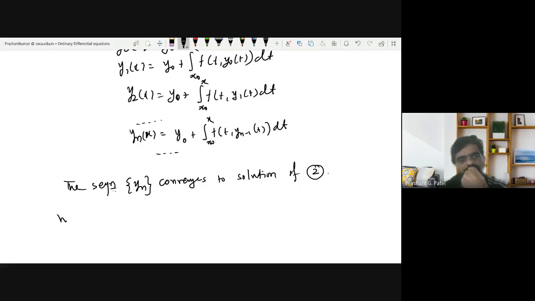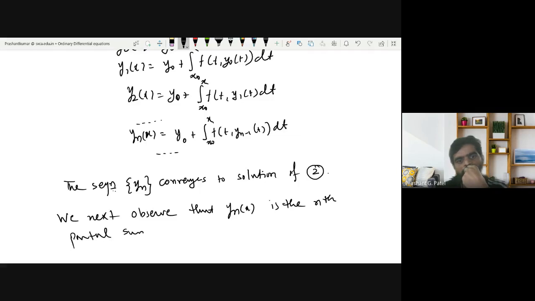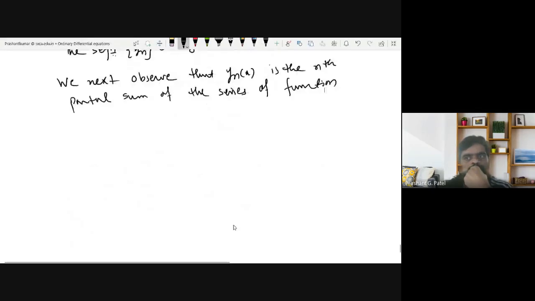We next observe that this y_n of x is the nth partial sum of the series of function y of 0 plus summation n running from 1 to infinity y_n(x) minus y_{n-1}(x).